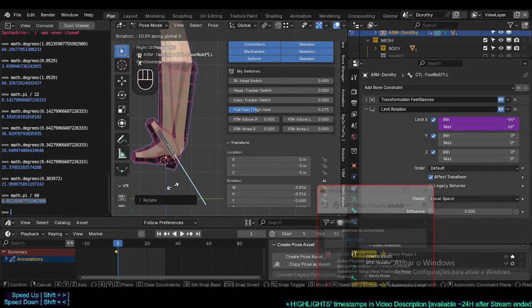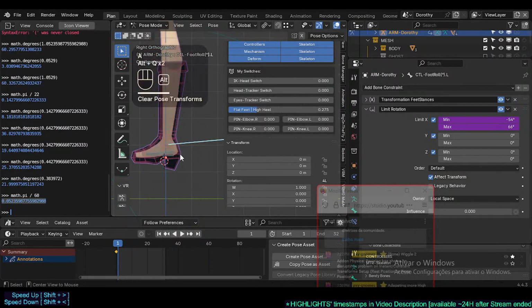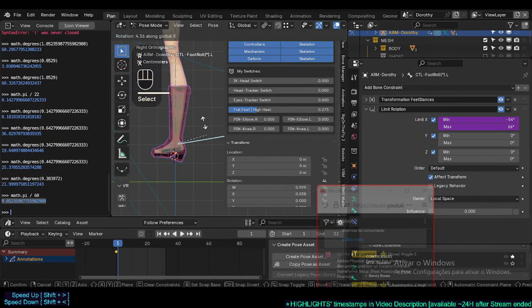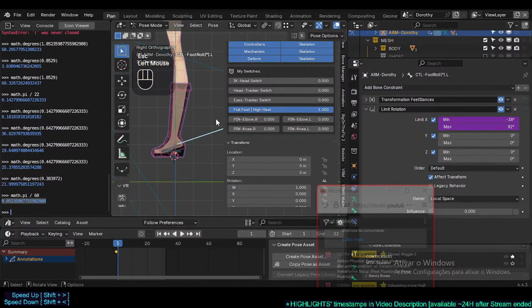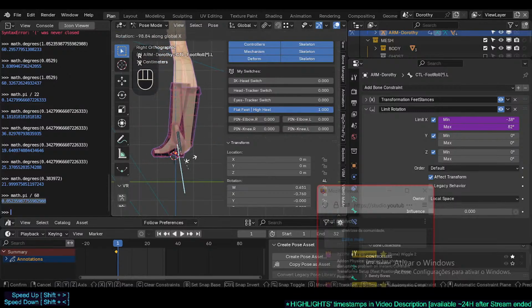So of course there is something about extrapolate.